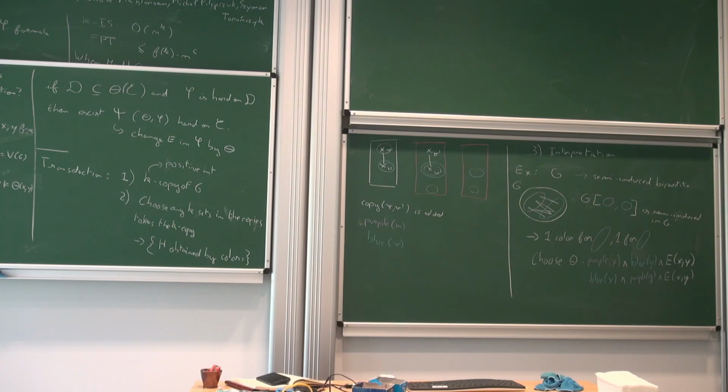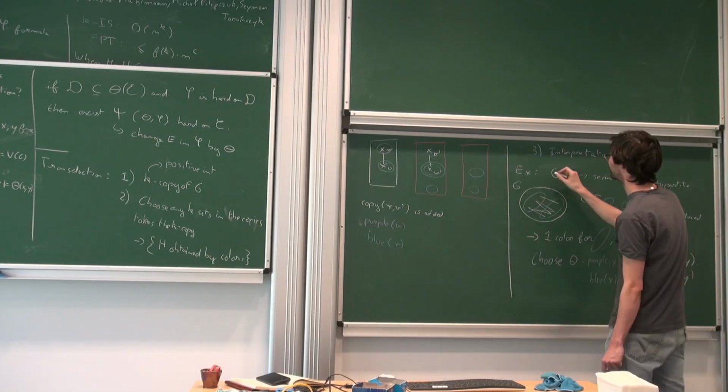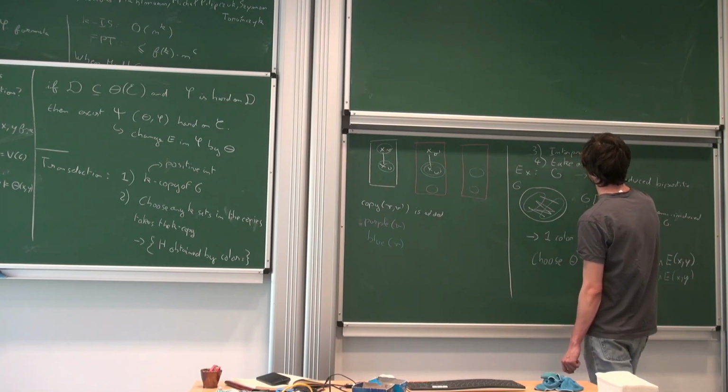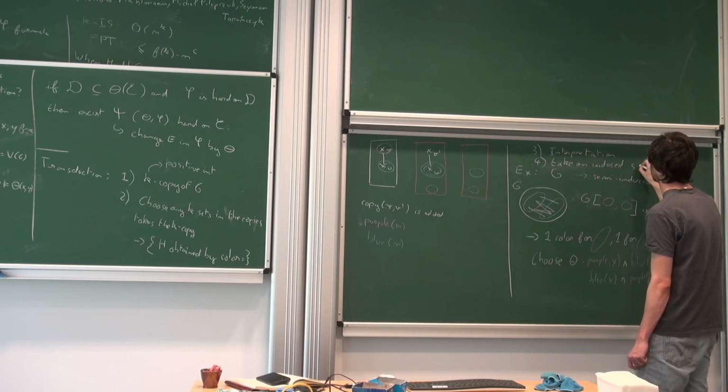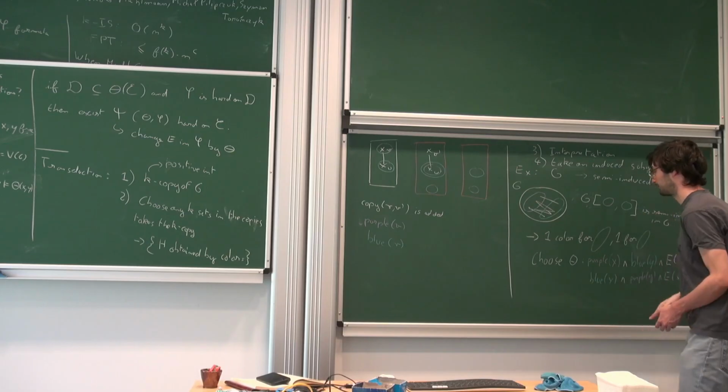How do you lose all the other vertices? Yeah, sorry, indeed. You can take an induced subgraph.